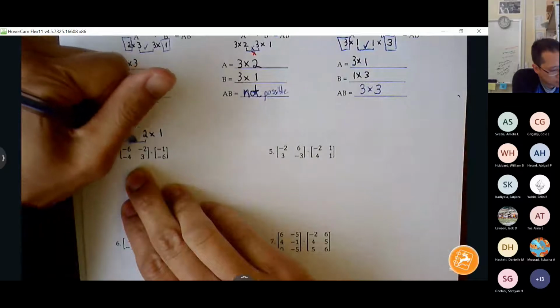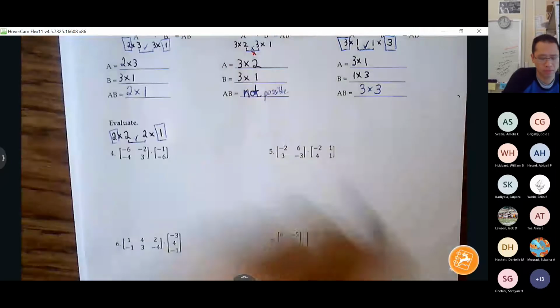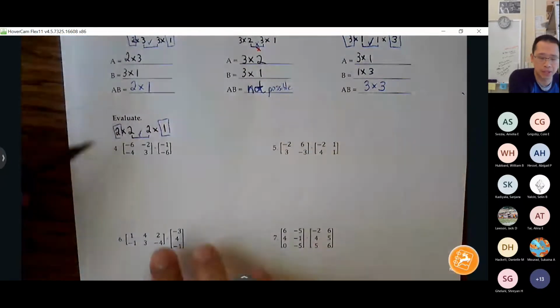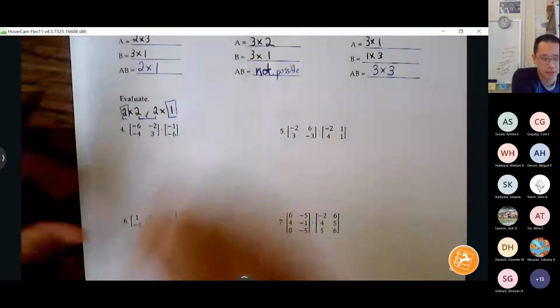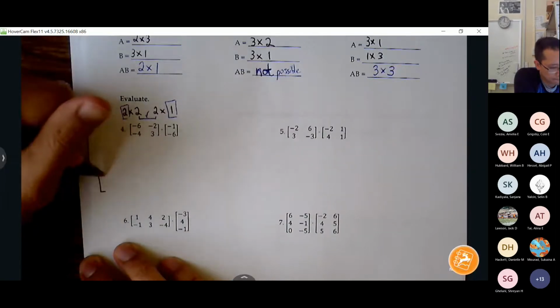Inner dimensions match. We know that our resulting matrix will be a 2 by 1. Let's go ahead and get the matrices set up so that it's easy to see how these numbers will combine.